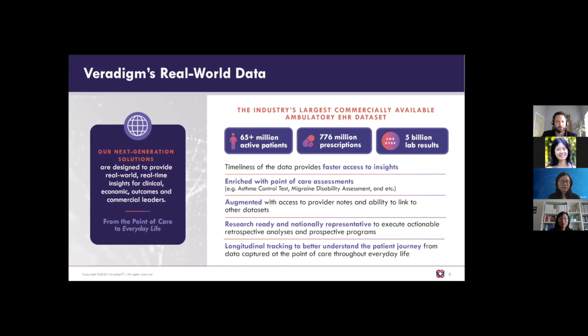So spanning over 10 years, we have records for over 150 million patients in our data set. Some key data elements include diagnoses, symptoms, patient history, so previous diagnoses, previous treatments, lab results, prescriptions, as well as other treatments. I should mention that these data can also be linked to claims and other data sets, but we'll discuss that in more detail in a little bit.